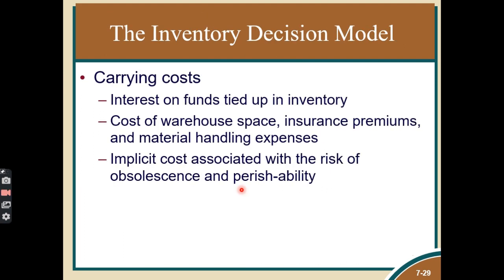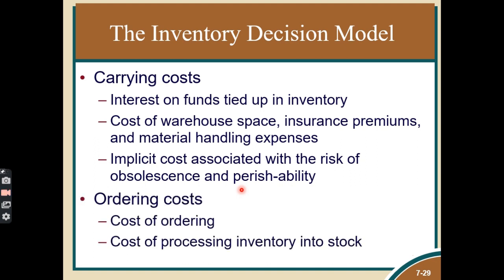So this is our inventory decision model, what we call the EOQ model. Under the EOQ model, there are basically two things that you need to consider: the carrying cost and the ordering cost. In considering how many units of inventory you're supposed to order or buy, you need to consider both.